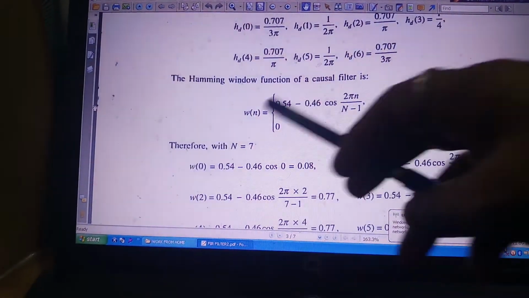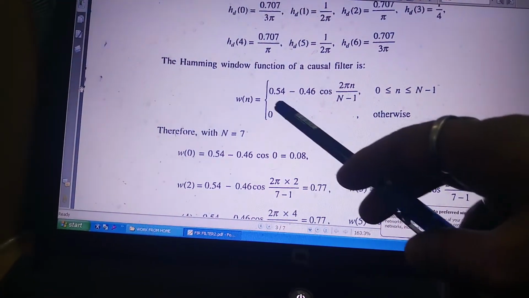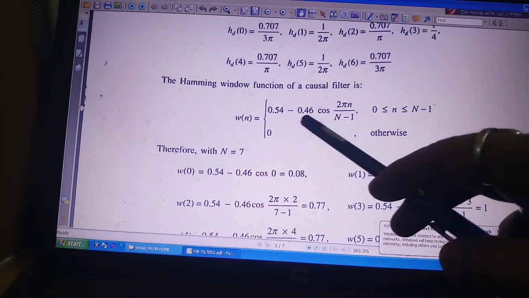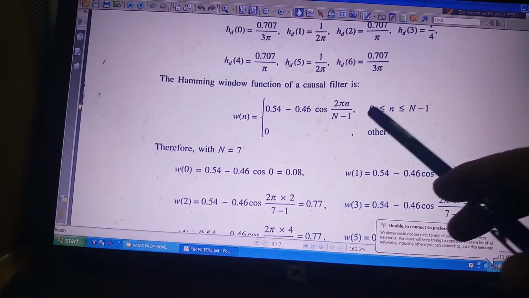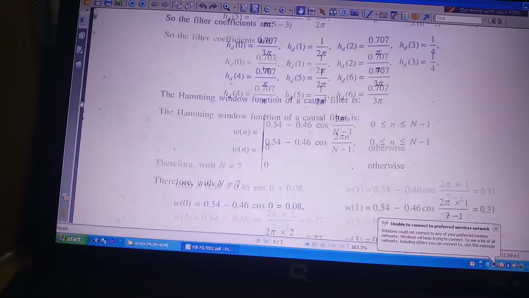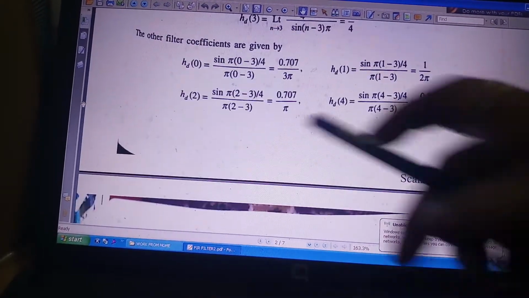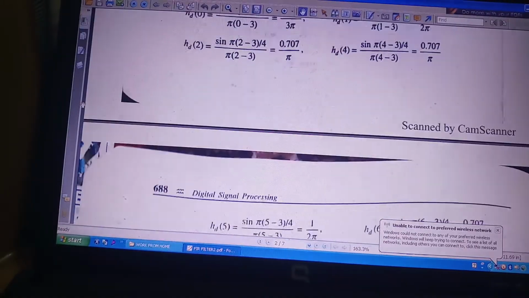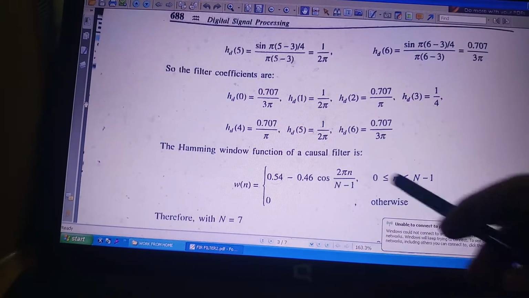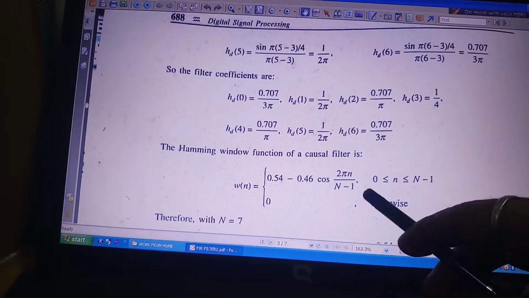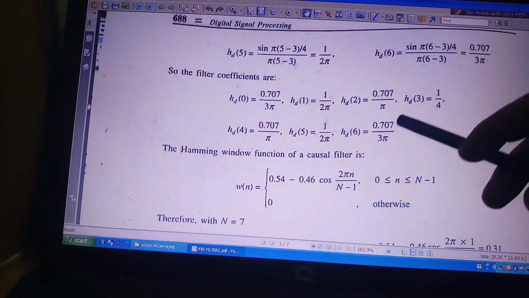Now using the Hamming window technique, this is the formula to calculate the window coefficient, because the samples I have taken are between 0 and N minus 1. Here you see I have calculated between 0 and 6. I started at 0 and ended at 6, that is 0 to N minus 1, where I have computed the window parameters.